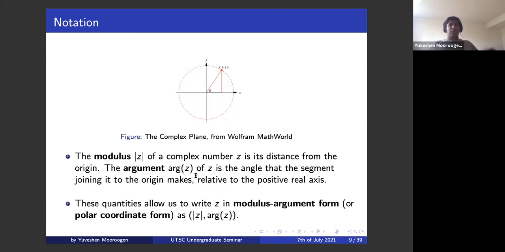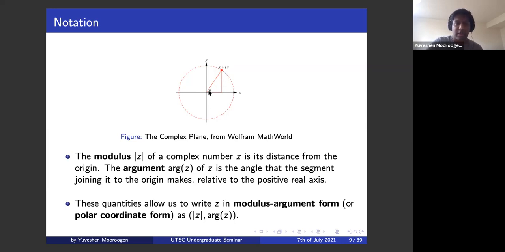In what's going to follow, it's going to be useful for me to have an additional representation for a complex number. And that's the modulus argument form, which you probably have learned about in linear algebra, or maybe in calculus. So the idea here is that if I take a point on the plane, then obviously I can just read off the x value or the y value, and that's your usual coordinate representation.